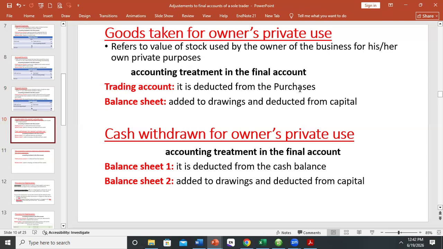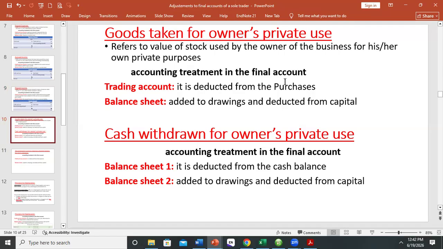So note, anytime you are solving a question and you see in the additional information that the owner withdrew this value of stock or goods for his or her private use, you subtract it from purchases. So when you are lessening your returns outwards and adding carriage inwards to the purchases to get your net purchases, you also subtract the goods the owner withdrew, right?